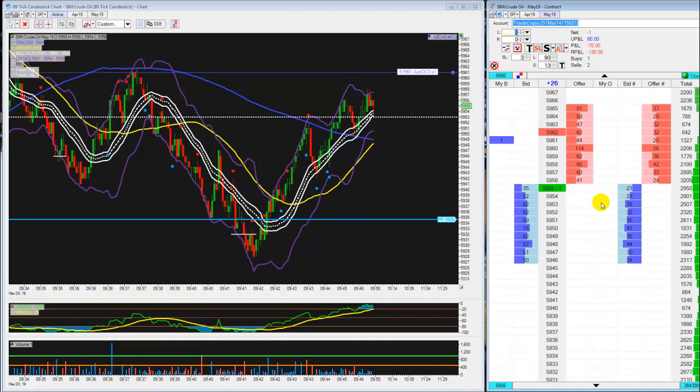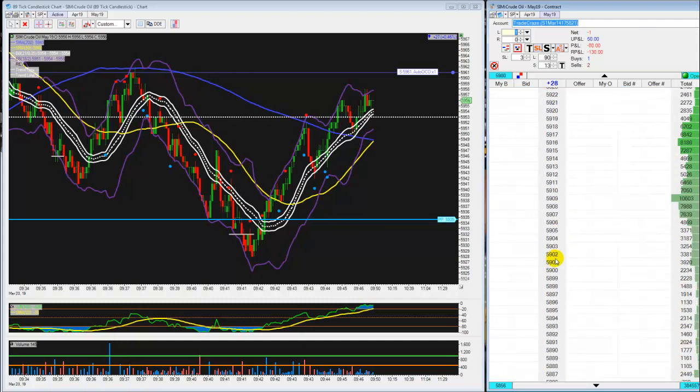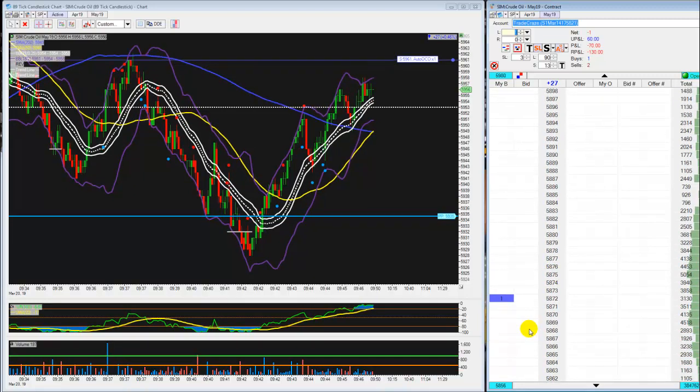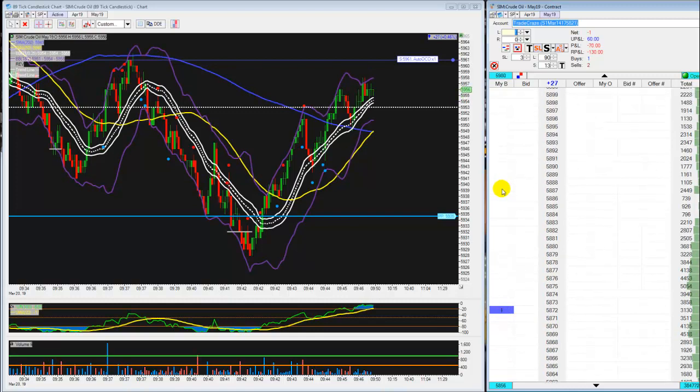Moving to 75 ticks now. If we can stay in this. 5887.